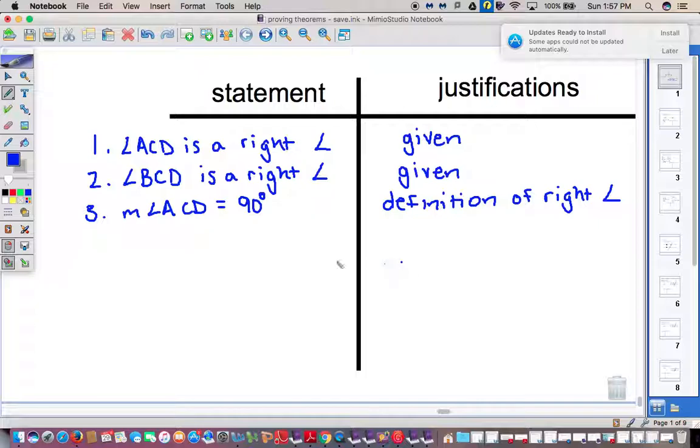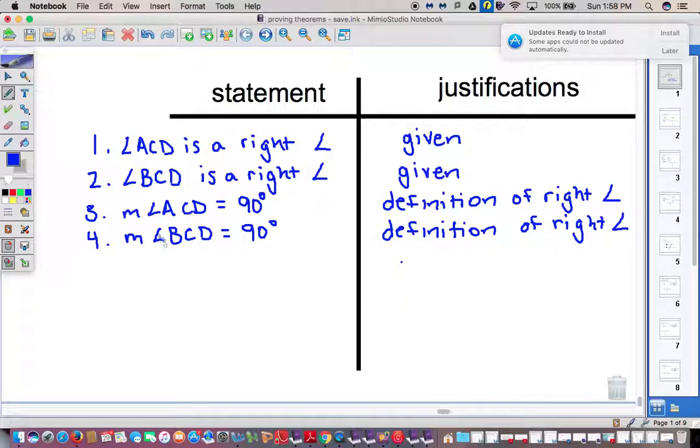I bet you can guess what step 4 would be then. If angle BCD is a right angle, then the measure of angle BCD is 90 degrees, and again, this is by the definition of right angle.